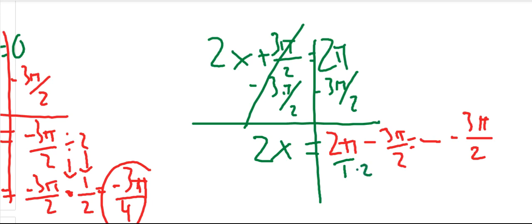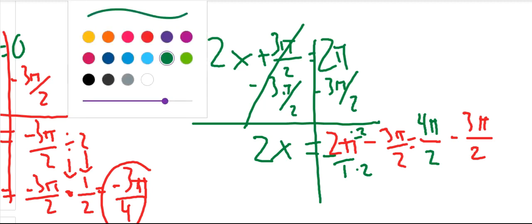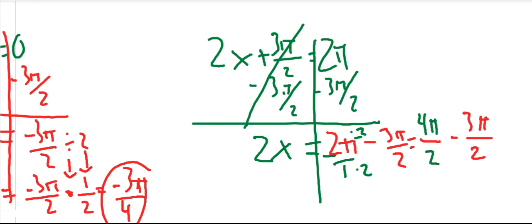I'm going to do times 2 over 2 so I can get a common denominator of 2. So that becomes a 2 and that becomes 4 pi, because it's 2 times 2. Now we have common denominators, so I can just subtract. 4 pi minus 3 pi is equal to 1 pi over 2. And then we just bring down our little 2x equal sign.